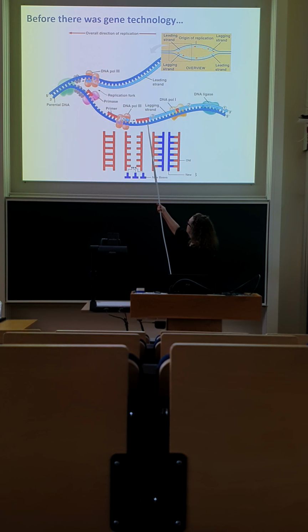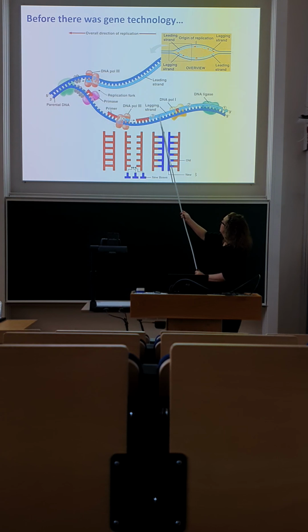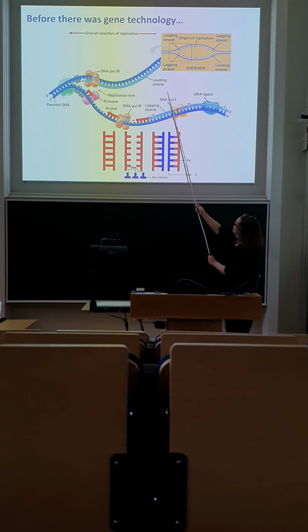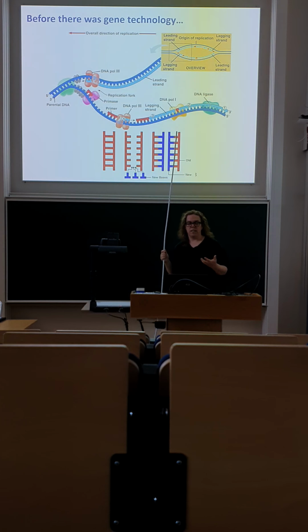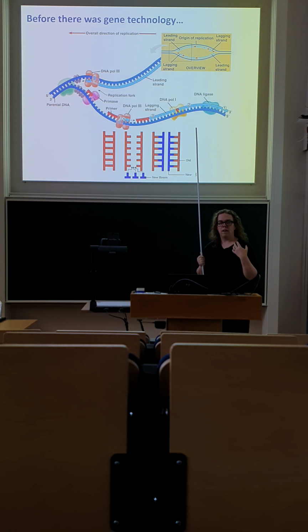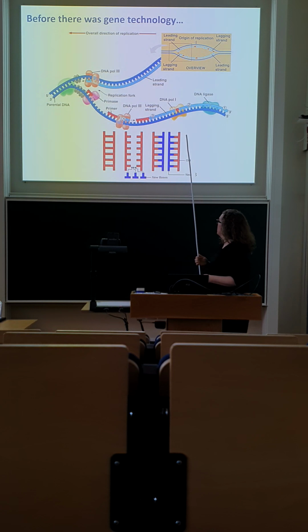Then you have small pieces of DNA that are synthesized by another protein that allow later on other DNA proteins to come in and synthesize new DNA. And in the end, you have something called DNA ligase, which allows DNA to be stuck together. So all of these things have been discovered in the context of natural cells and natural molecular biology studies. And now we start to take them in and use them in technology.